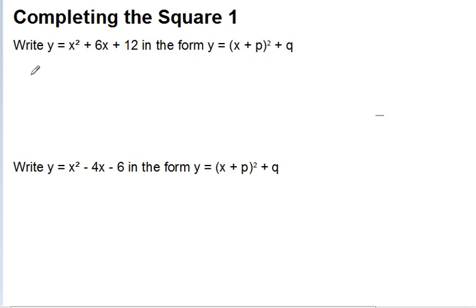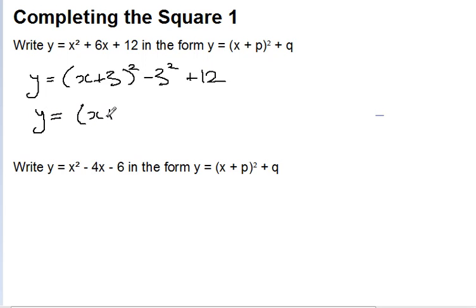I'm going to say that's the same as y equals x plus 3 squared take away 3 squared plus 12. I'm just going to simplify that out first before we talk about why that's the case. That's x plus 3 squared take away 9 plus 12 is plus 3. So I've literally done that in less than a minute. I've managed to change from this format into this format pretty quickly.